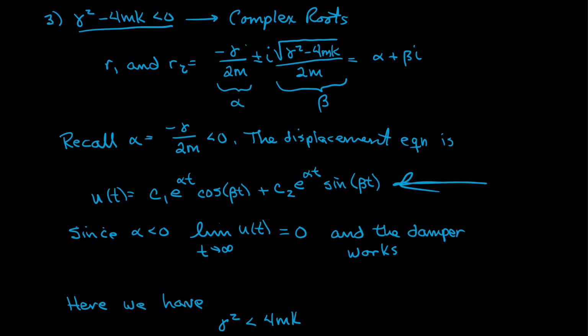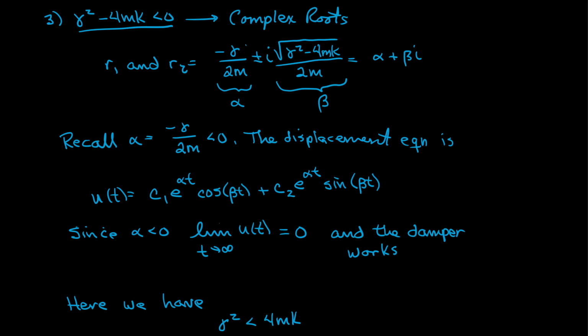The displacement equation in this case, when we have complex roots, is going to look like what we have right here, where we have C1 e to the alpha t cosine beta t plus C2 e to the alpha t sine beta t. Notice in this case we have cosine and sine. When we graph this, we're going to see oscillations.